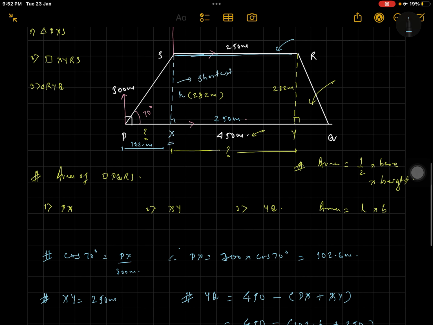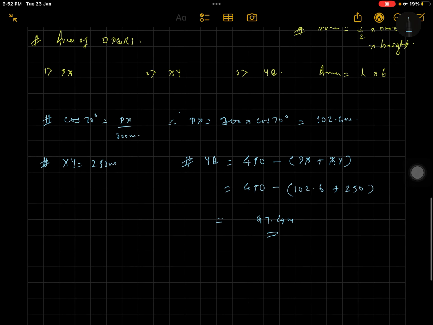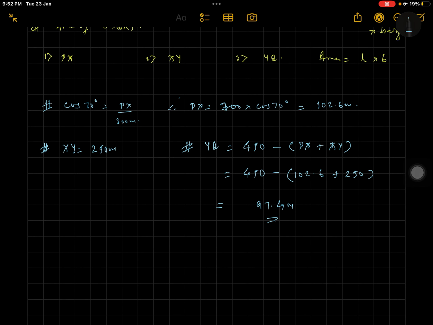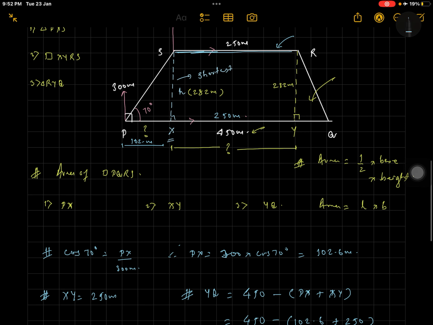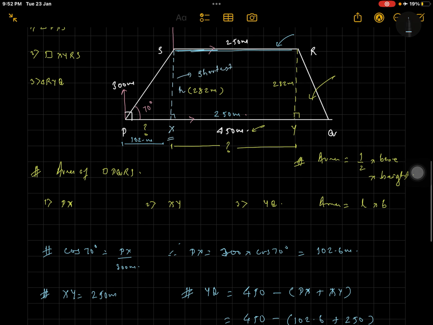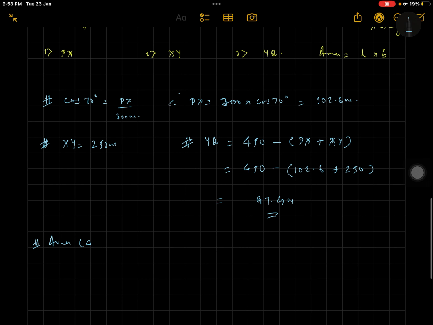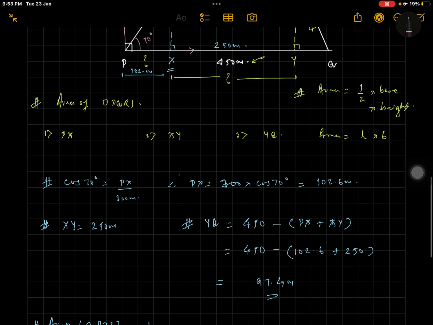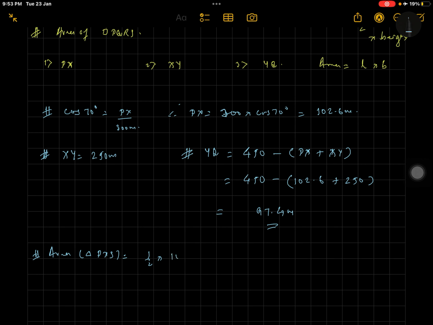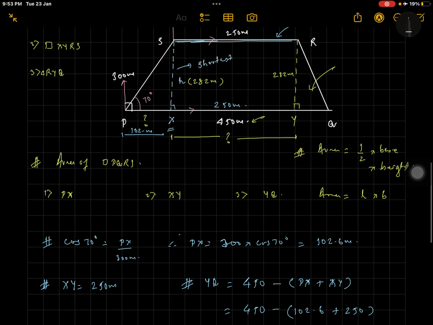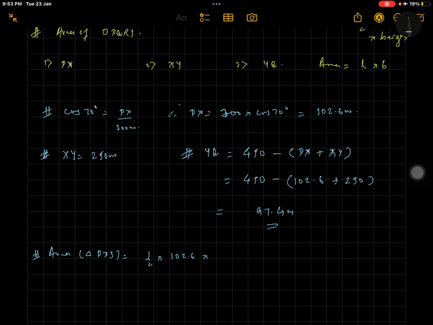Now comes the last part, finding the areas. We already have the area of the first triangle, PXS, which is equal to half times the base, which is 102.6, times the height, which we already found, which is 282 meters.